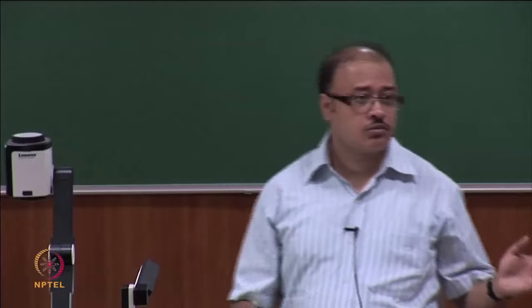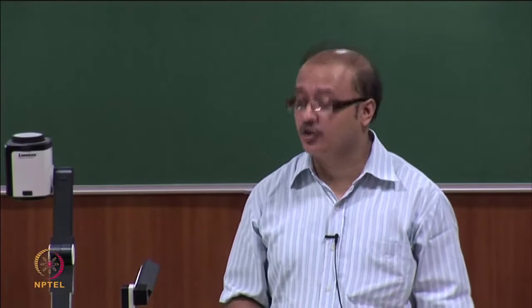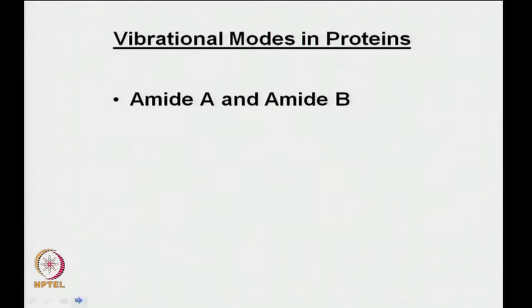Now, what about the vibrational modes in proteins? Because in this course we are mainly interested in the proteins, how to study their different conformations and many other aspects. So, one of the vibrational modes, and I will tell you what they are and what I mean by these. The first one is referred to as amide A and amide B. These are different vibrational modes.